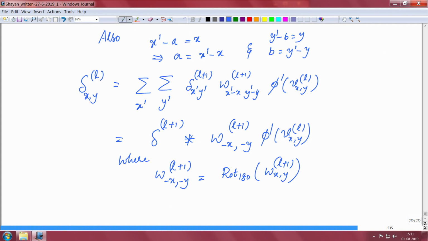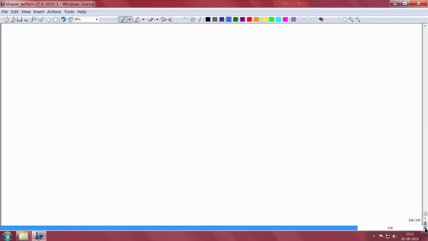So, now what we have seen is the computation of the local gradient at the nth layer, but what we really want is the gradient with respect to the parameters. So, we will see that now. So, we want dou E by dou a comma b at nth layer. This is given by summation over all possible x comma y, which is basically looking at all the nodes connected to the node a comma b from the previous layer.